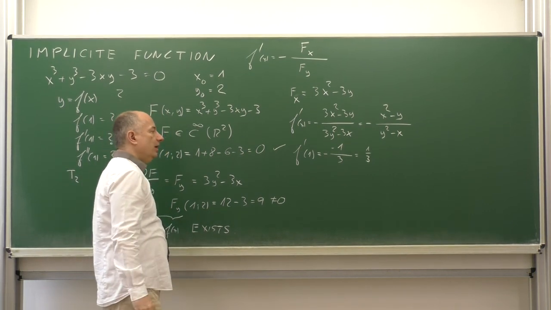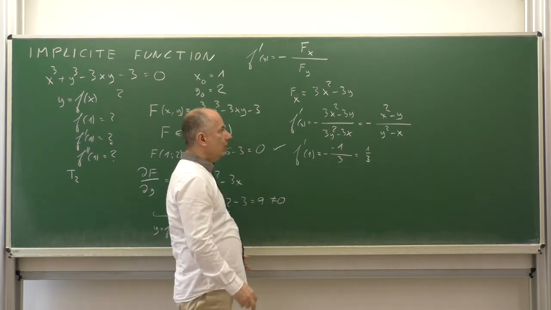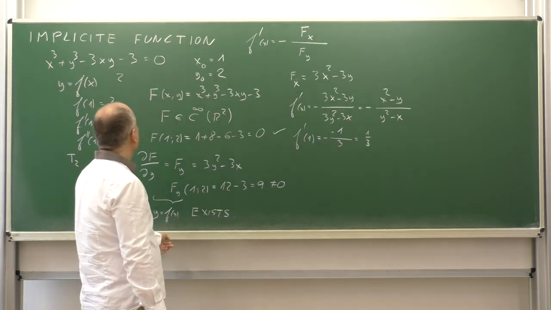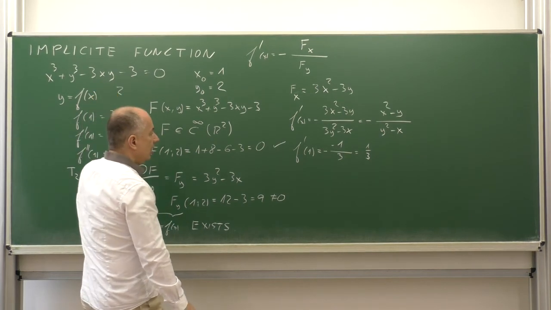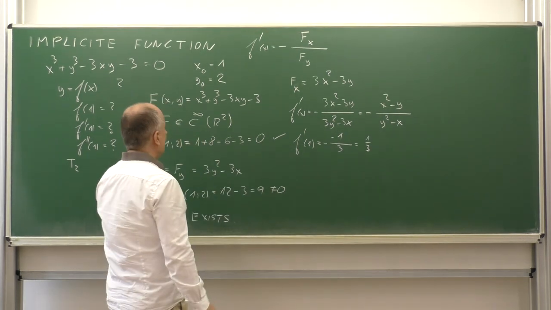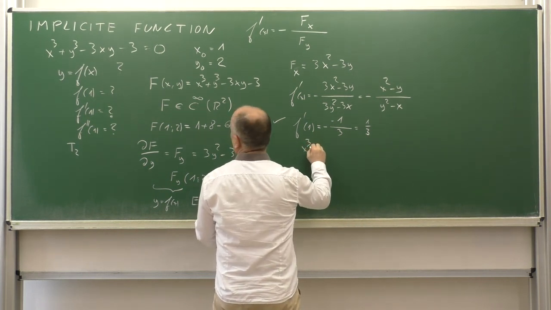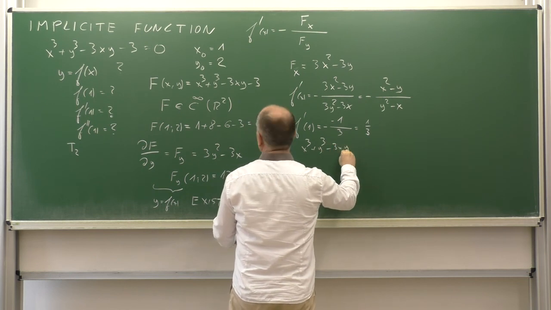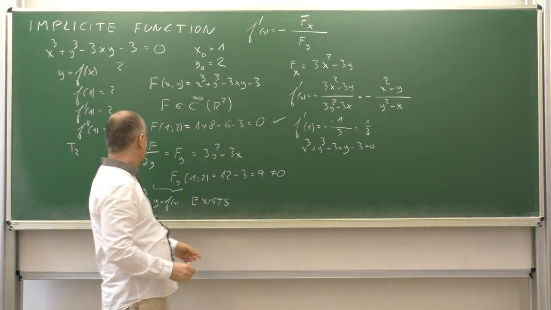So that was one way how to find the first derivative. Another way, sometimes quicker, sometimes more difficult, is that we take the equation and we differentiate with respect to x, looking at y as a function of x. So once again, we copy the equation: x cubed plus y cubed minus 3xy minus 3 is 0. And now we look at y as a function of x.